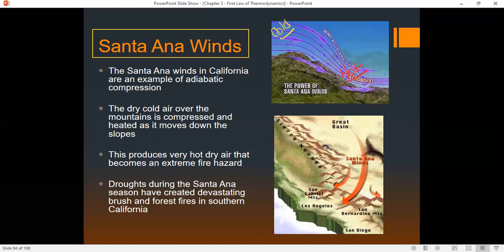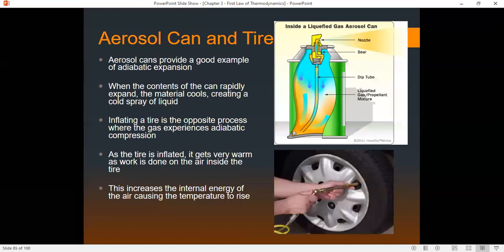Warm, moist air rising to the upper part of the atmosphere, adiabatic expansion, it cools. Santa Ana winds, the air coming down from the mountains is compressed, becoming very, very hot. Practical applications for this, if you spray an aerosol can long enough, you'll notice that it gets quite cold.